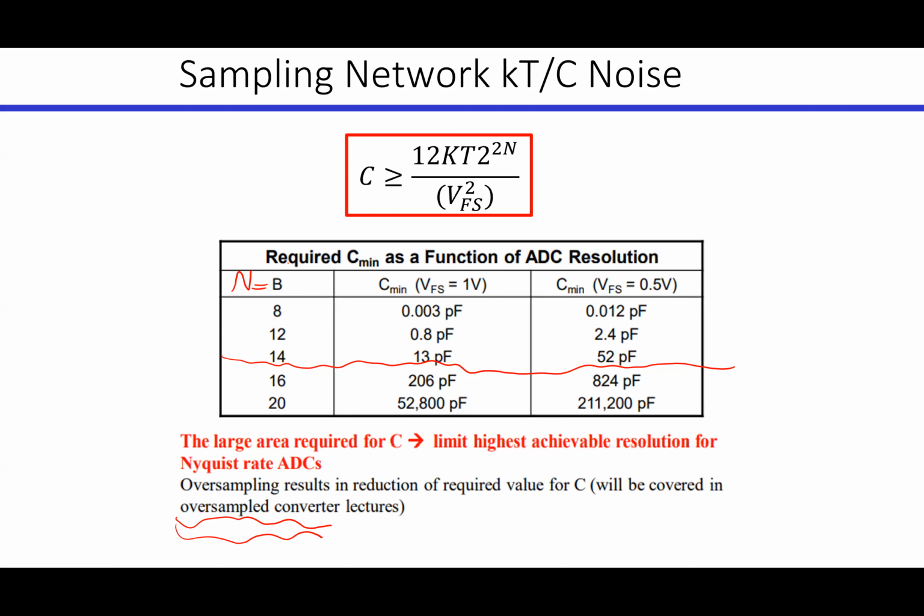So there is no one definite voltage that you can use. You can use both, but it depends on your application. So there is no definite answer here. For a 14-bit ADC, we would prefer to use 1 volt instead of 0.5 volt due to the capacitor size.